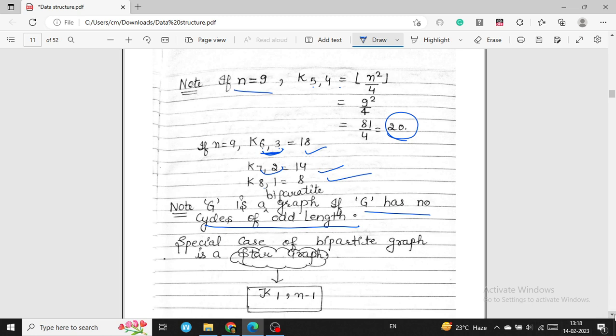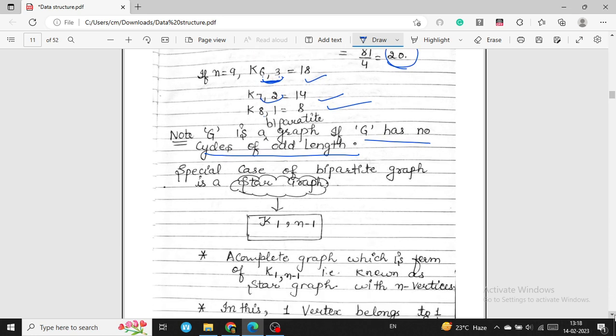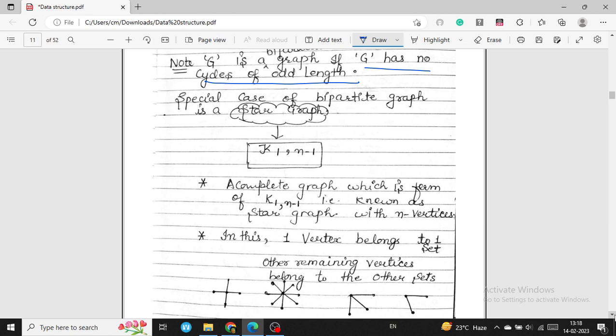A special case of a bipartite graph is a star graph. In this graph, m will be 1 and n will be n minus 1. A complete bipartite graph of the form K(1, n minus 1) is known as a star graph with n vertices. In this case, one vertex belongs to one set and the other remaining vertices belong to the other set.